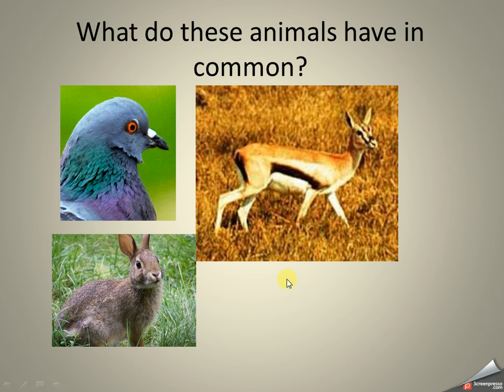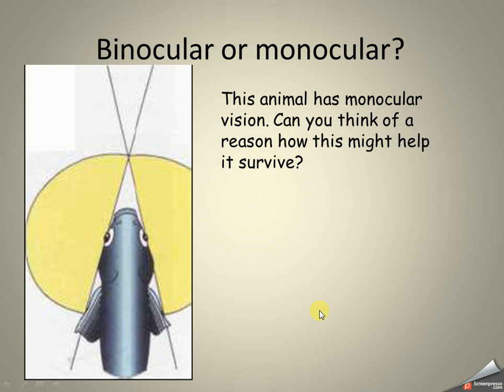They need to be able to take evasive action if a predator does come along. So these animals have a better field of vision round the sides instead of in front of them. We call this monocular vision because each eye sees independently. Mono means one, and so it sees through each eye separately.